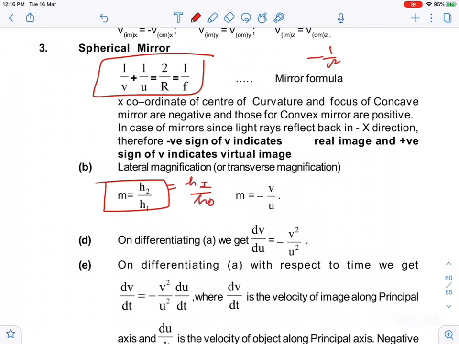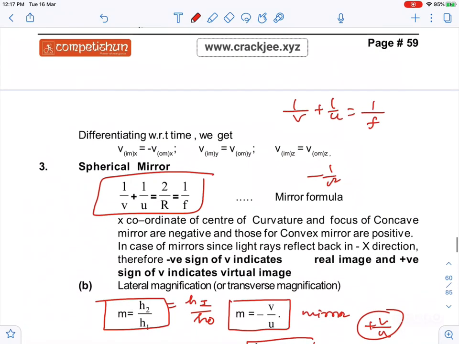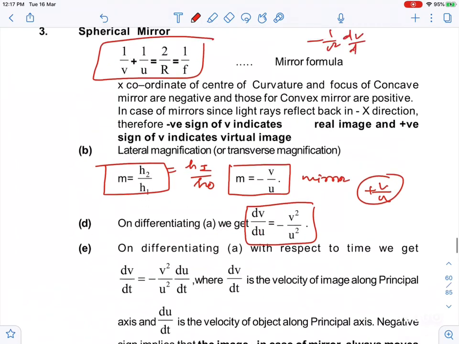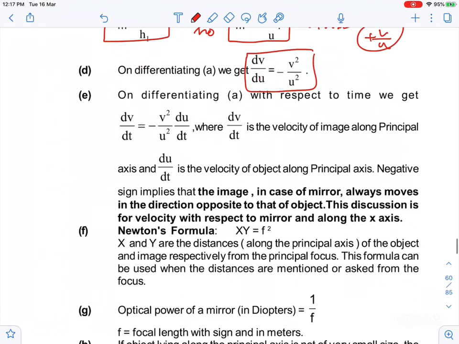Now magnification is height of image upon height of object, hi upon ho. This magnification is equal to minus v by u in case of a mirror. In case of lenses, magnification is plus v by u. So the differentiation I am talking about: dv by du is equal to minus v square by u square. When you differentiate, the constant term becomes 0, so you get minus 1 by u square.